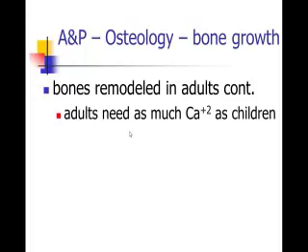So most people would say, well, children need calcium because they're active and their bones are growing and all that sort of stuff, and that's true. The children do need calcium, but it turns out because human adults are also remodeling their bones, they also need calcium as much as children do.